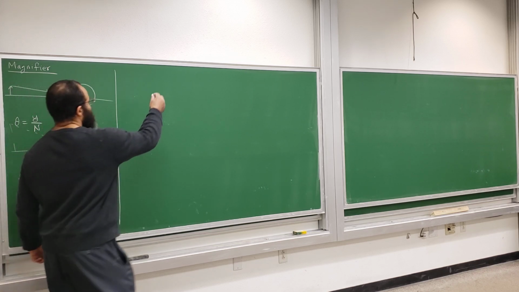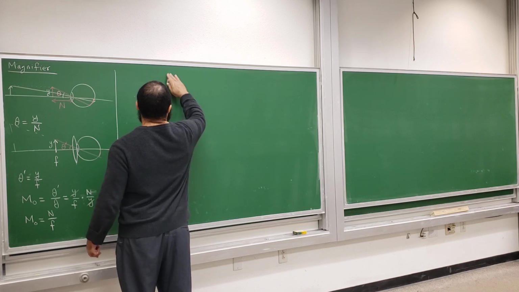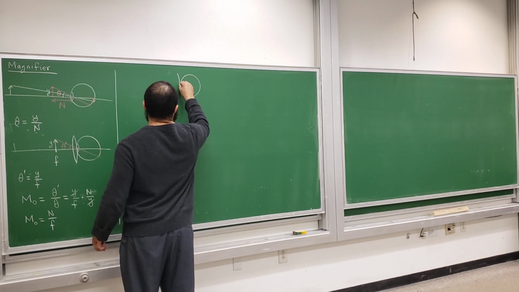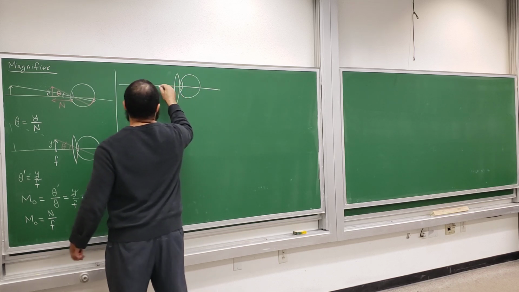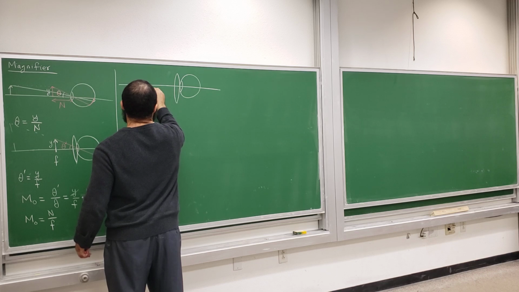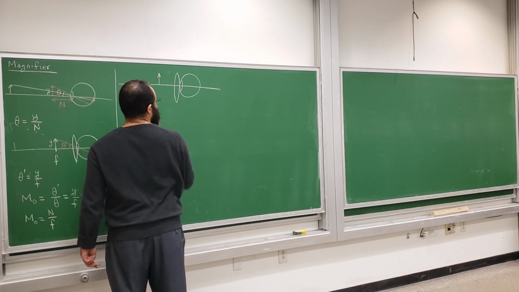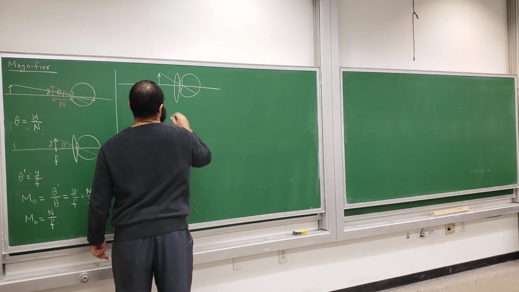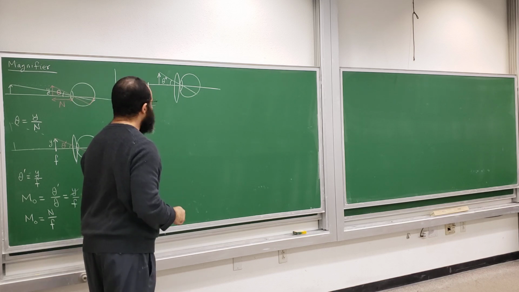So meaning, here's what I mean. Here is the eye. This is the lens, and this is f, the focal point. If I bring the object somewhere here, the angle will certainly be larger. Let me call it now theta double prime, right?